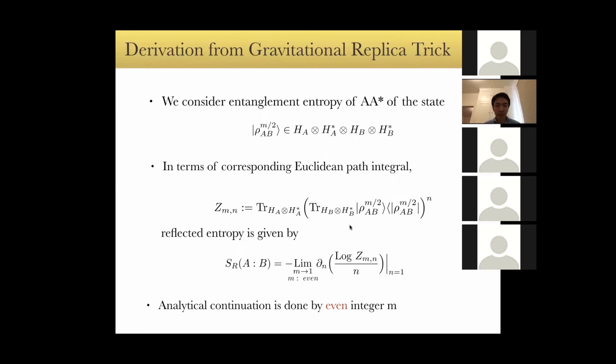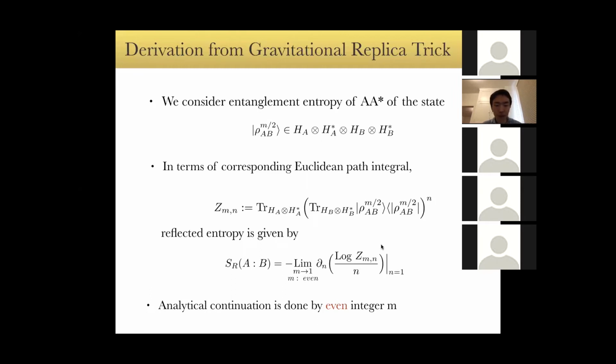And in terms of the path integral, you trace out the BB star subsystem from this state to the power of n and take the trace again. So this defines some Euclidean path integral. Then in terms of this Euclidean path integral, the reflected entropy is given by the following limit of the partition function.